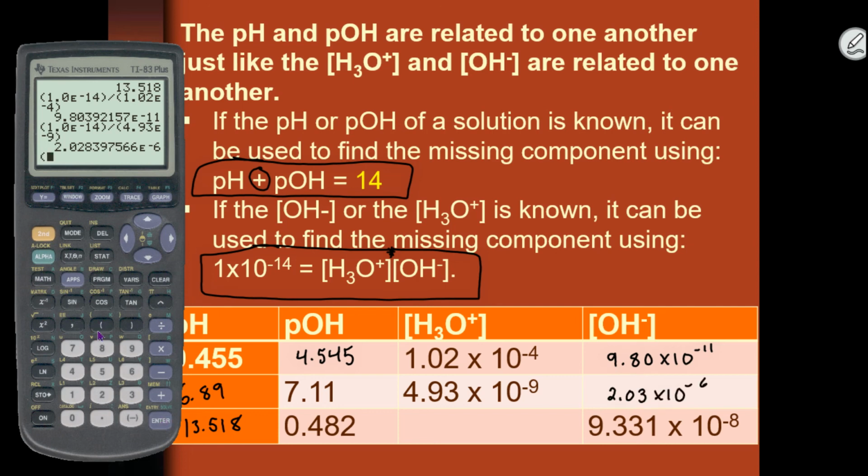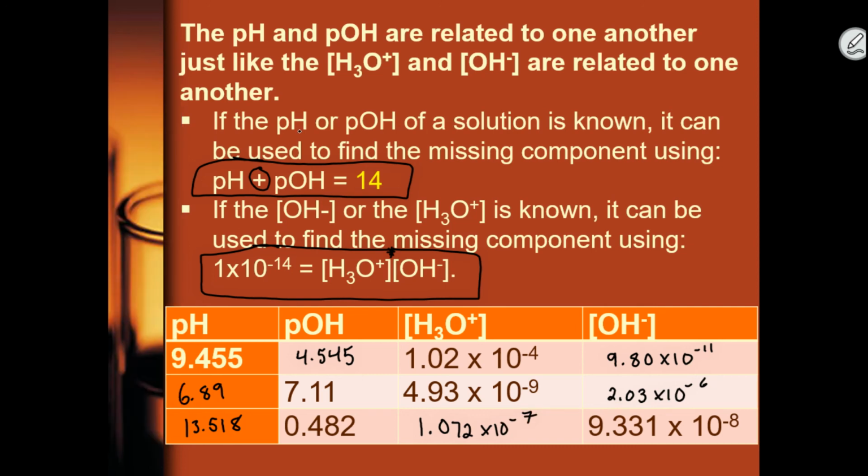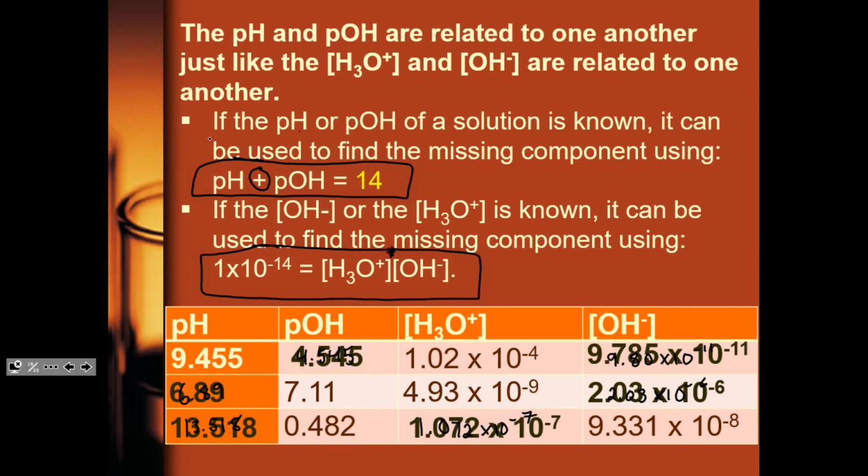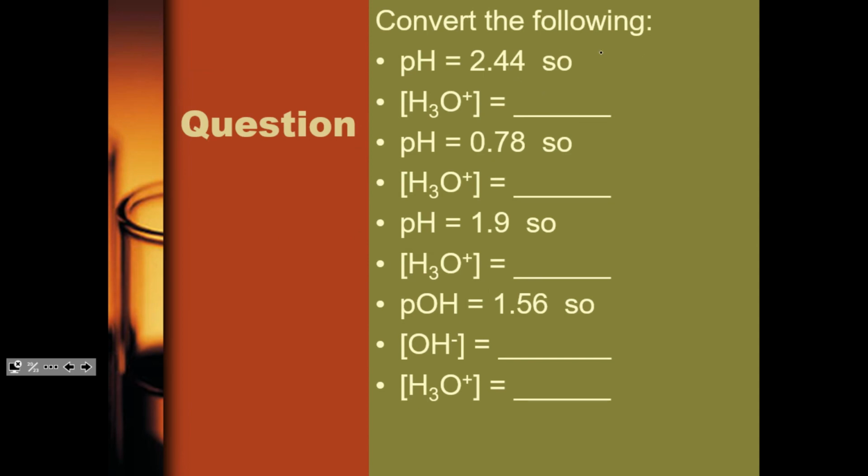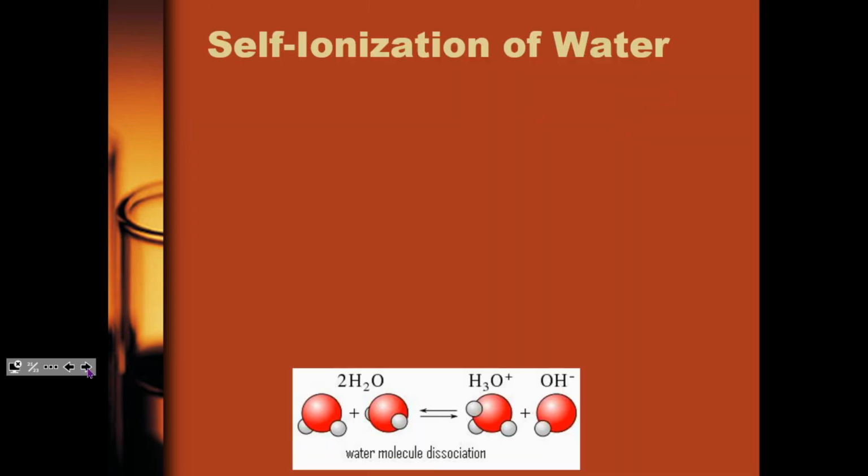And last but not least, 1.0 E negative 14 divided by 9.331 E negative 8. Final answer for the H plus concentration, 1.072 times 10 to the negative 7th. Okay, now I would let you go ahead and convert these last few on your own for extra practice.